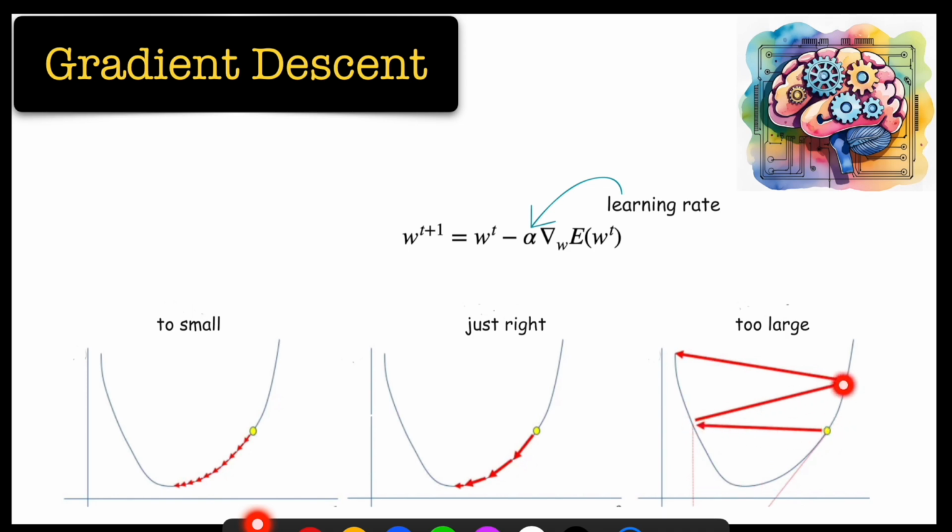Then from here to here, here to there, right? So instead of converging, you are diverging. But if alpha is just right, then we'll take the required number of steps to reach the minimum point. In our upcoming videos, we'll discuss more on this learning rate and how to improve the gradient descent learning part.